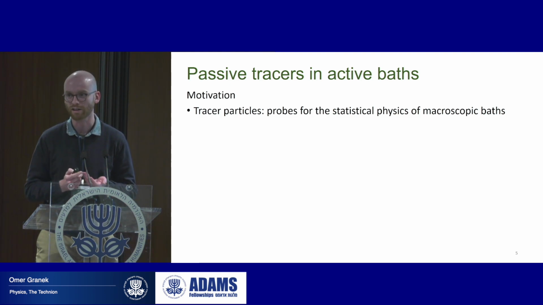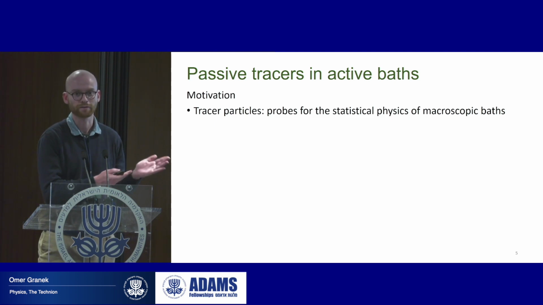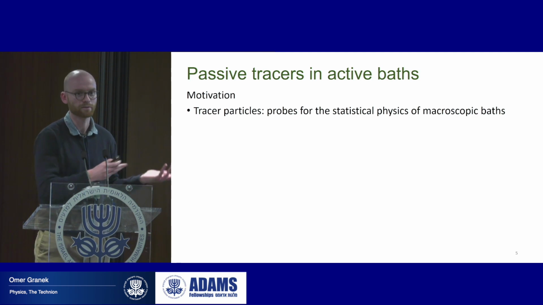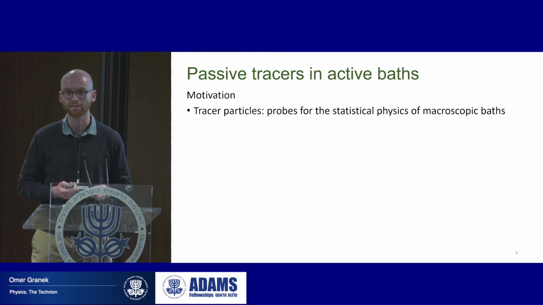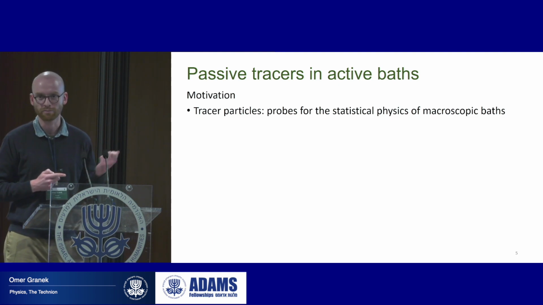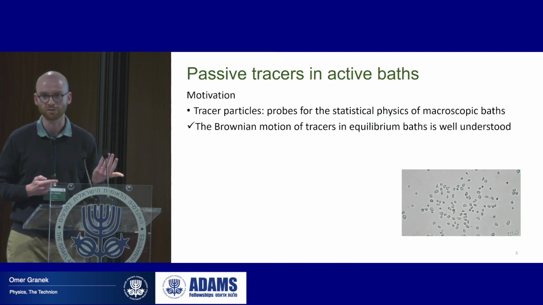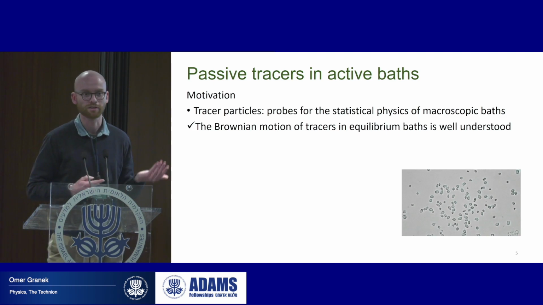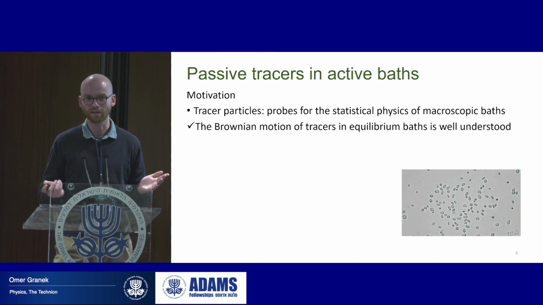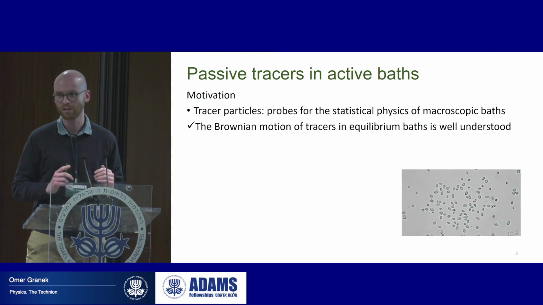It's a technique that allows people to measure macroscopic effective properties of very complex materials by looking at the motion of these tracers and studying their fluctuations. But tracer particles are also an important theoretical construct because they allow us to construct observable quantities that our theories could predict.